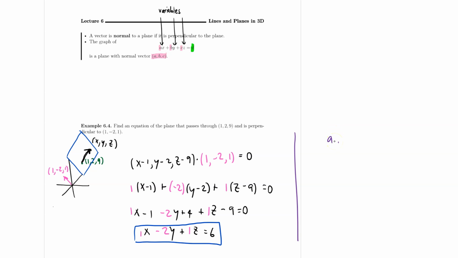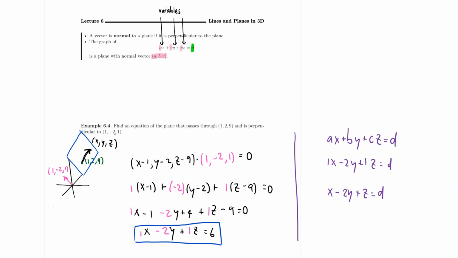It's going to be ax plus by plus cz equal to something, let's say d. And my a, b, and c here are going to be just these coefficients, 1, negative 2, and 1. So I'm going to have x minus 2y plus z equal to something.